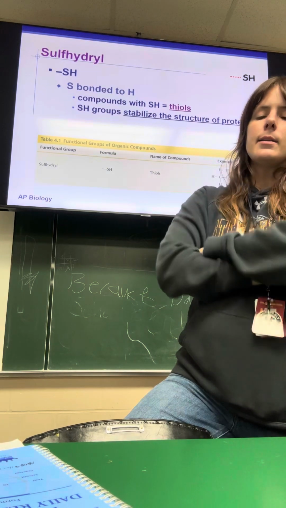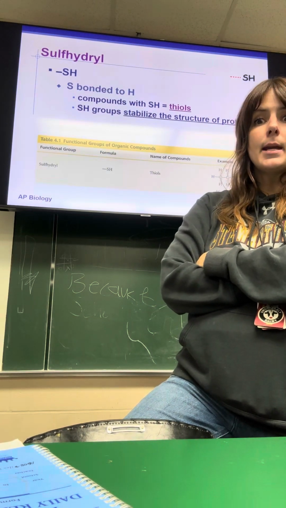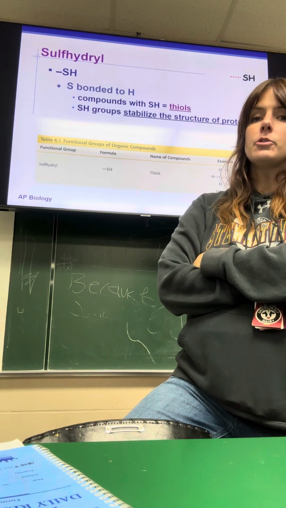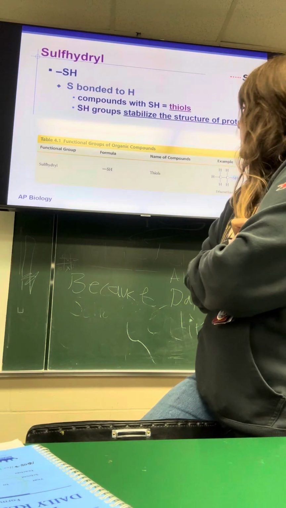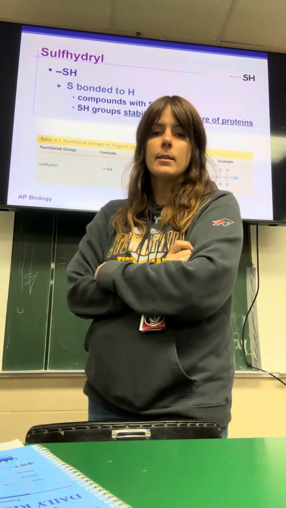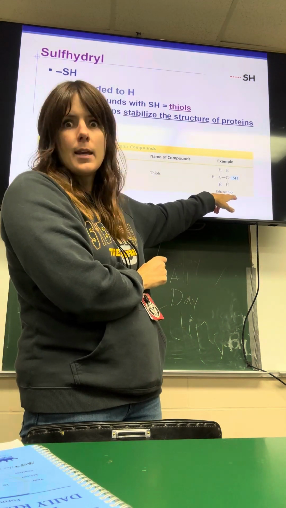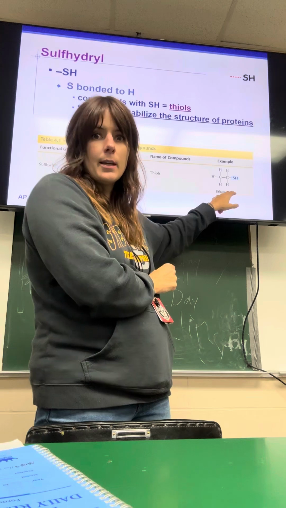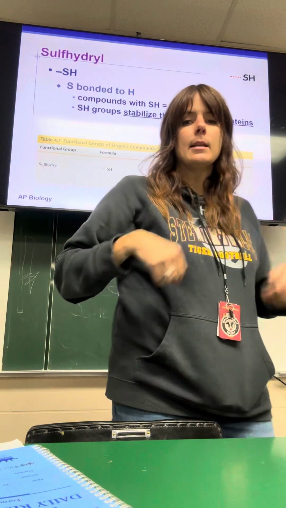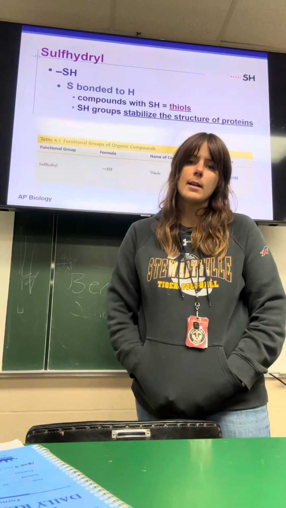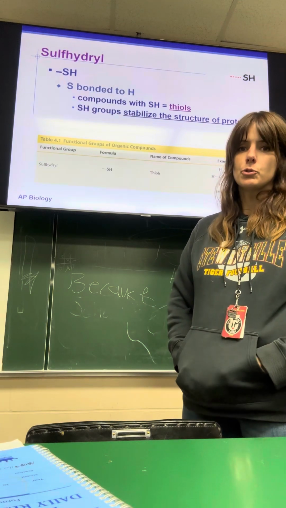We'll get to that in the next chapter, but that is one of the main jobs of a sulfhydryl group. And these ones end in thiols: ethanethiol, methanethiol, propanethiol. Any that end in THIOL are going to be in the sulfhydryl group for sure.